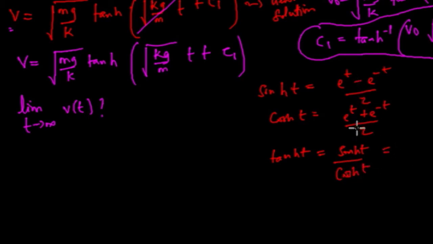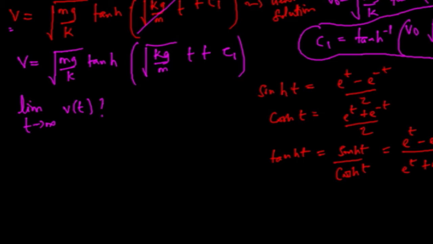So when you divide this by this, you have e to the power t minus e to the power negative t divided by e to the power t plus e to the power negative t. We could rewrite this if I multiply both the top and the bottom by e to the power negative t.